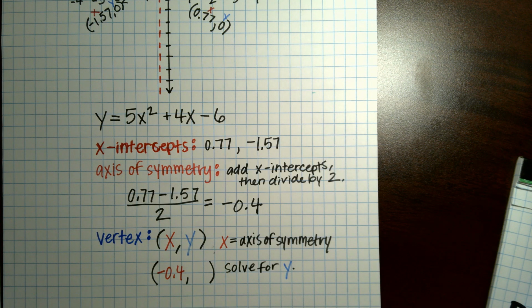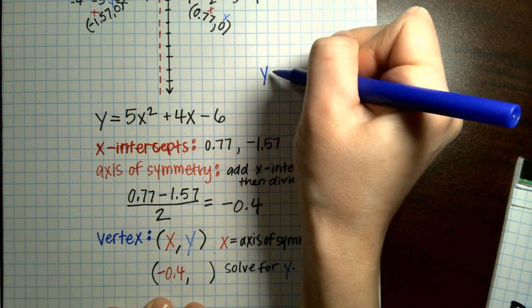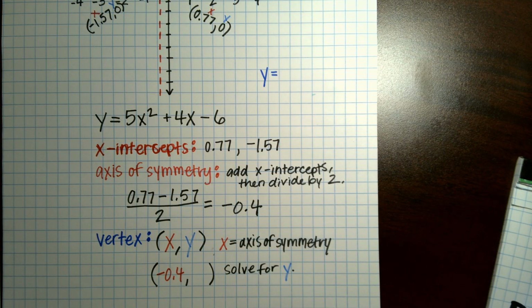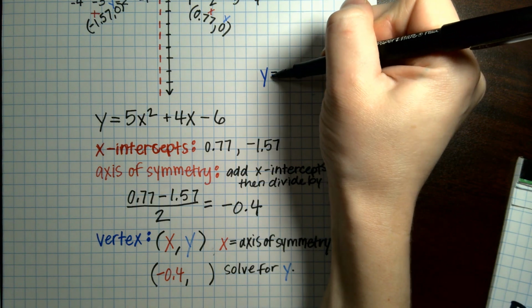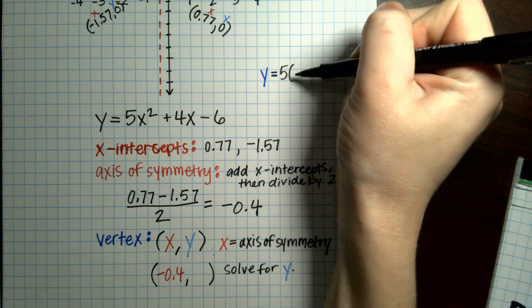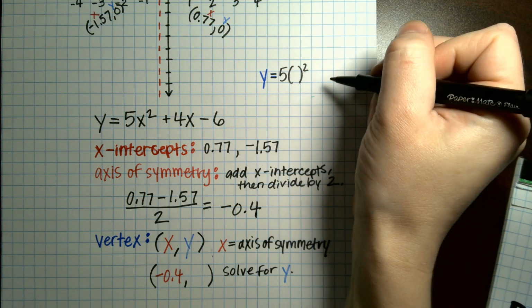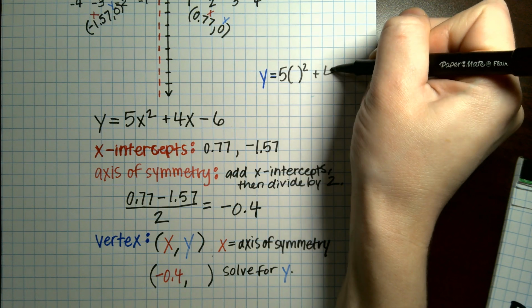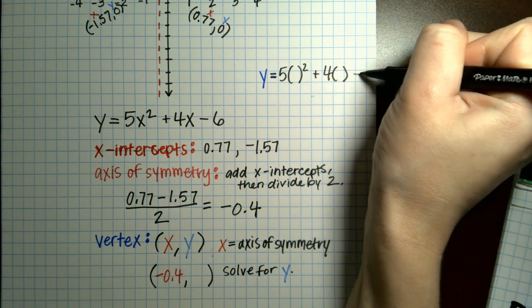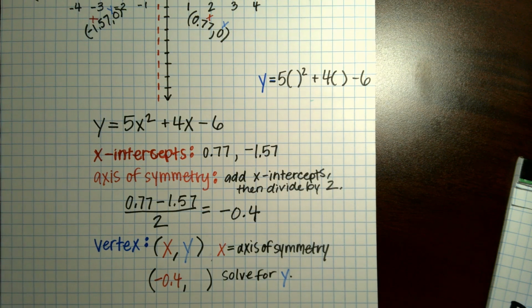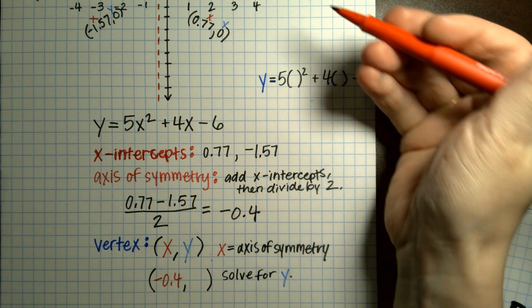So I'm going to write y equals, and I'm going to leave spaces for x. 5x squared plus 4x minus 6. We put negative 0.4. Yes, we're just going to put our x value in those empty spots. Negative 0.4.